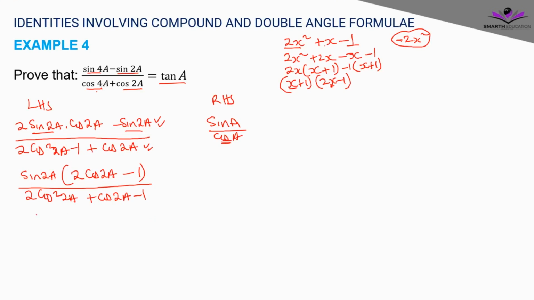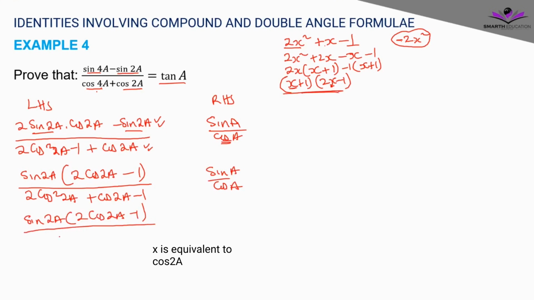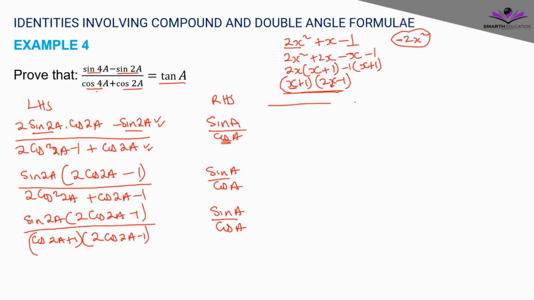Okay, so it becomes, using what we just discussed here, cos 2a plus 1, and then 2 cos 2a minus 1. And then you get your sine a cos a, right?